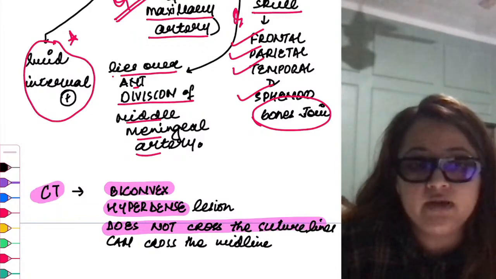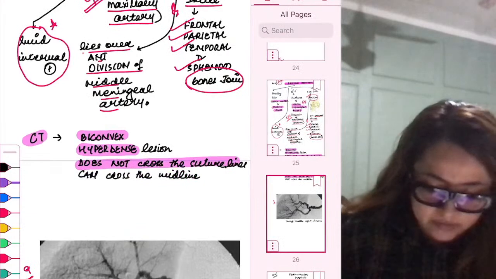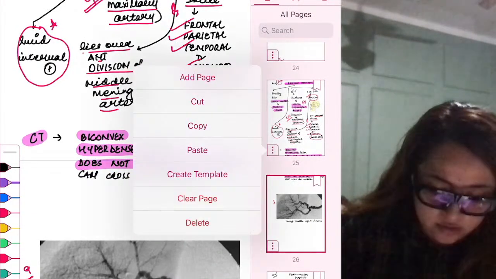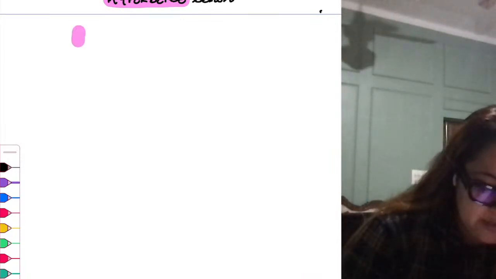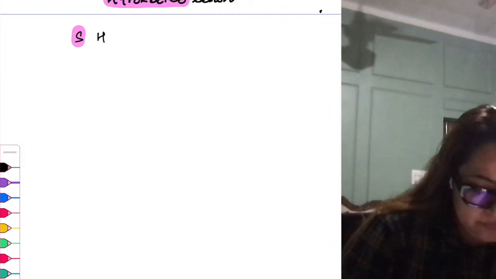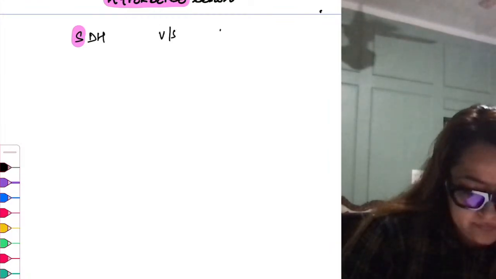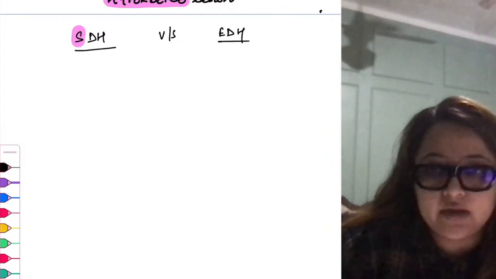If you have to compare epidural hematoma from the subdural hematoma, how would you like to do that? So let us write down those points. SDH versus EDH. Subdural hematoma versus epidural hematoma.